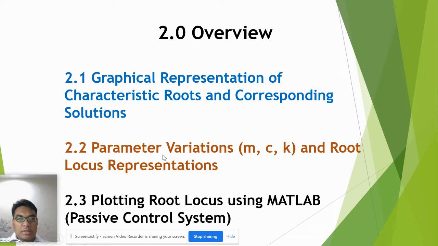Next, how you can do parameter variations by having different mass, damping and stiffness of the system, so that you can plot a different root locus curve for each system. And finally, I will introduce how you can plot the root locus using the Matlab software.